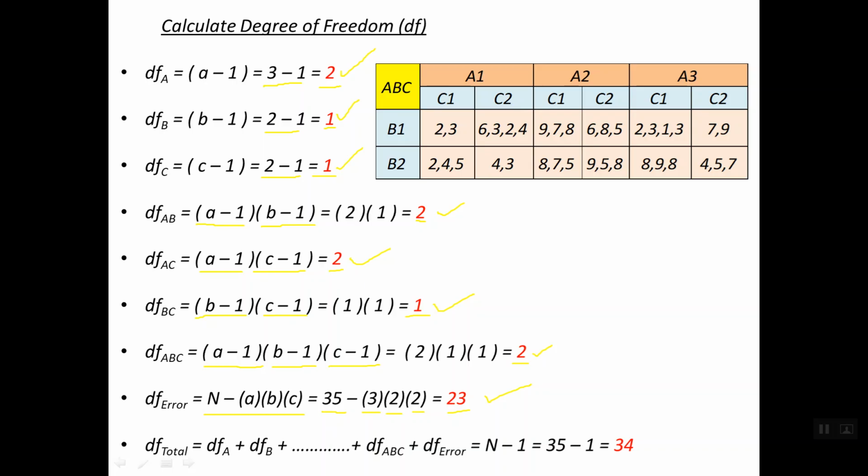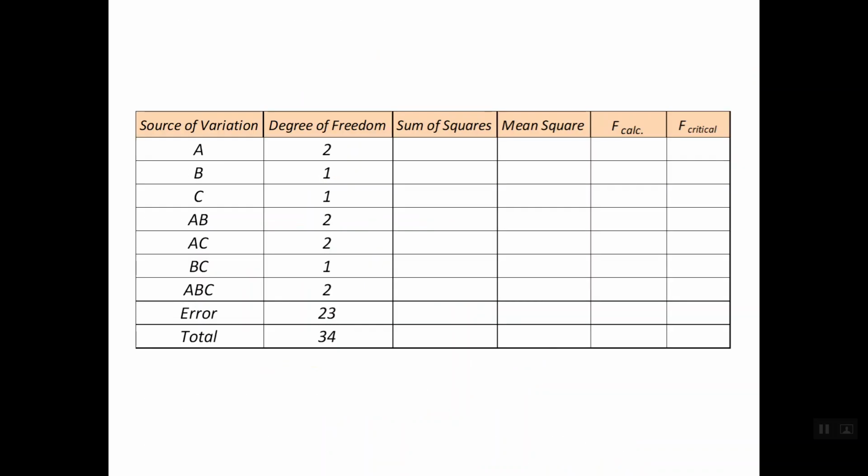Also, there is a simple formula to calculate the total degree of freedom. Simply subtract 1 from the total observations, N. So 35 minus 1 is equal to 34. So this is the way to calculate the degree of freedom for the main factors, the interactions, the error and the total. Now simply we can fill in all of these degrees of freedom inside the three-way ANOVA table.